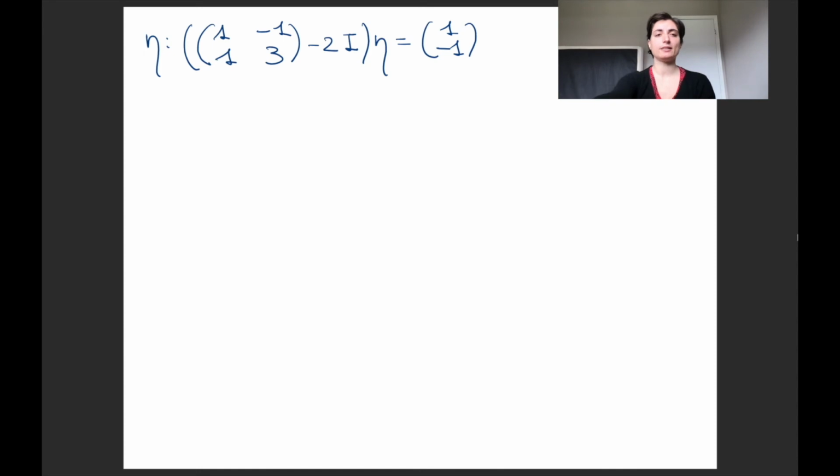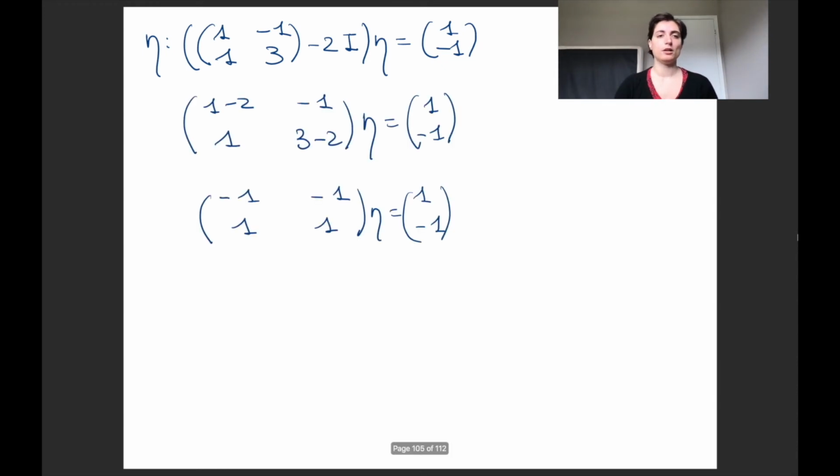So let's check what it solves in the specific case we're looking at. Here we have A minus 2I, 2 being the eigenvalue, multiplied by eta equals the eigenvector, (1, -1). So we solve things, and we notice that it simplifies to the matrix (-1, 1; -1, 1) times eta equals (1, -1).